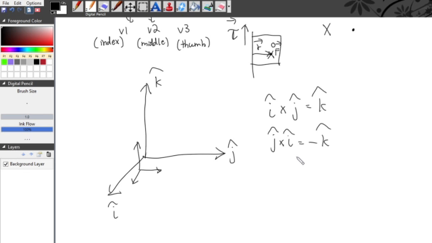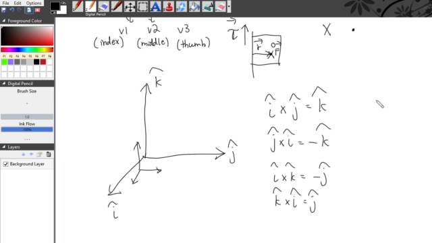And we also know that i hat times k hat is negative j hat, which means that k hat times i hat is j hat.